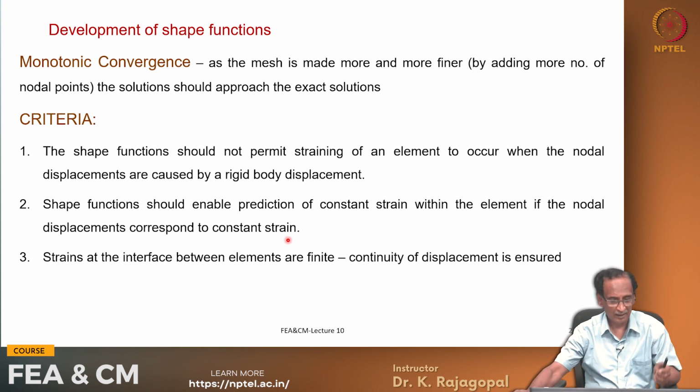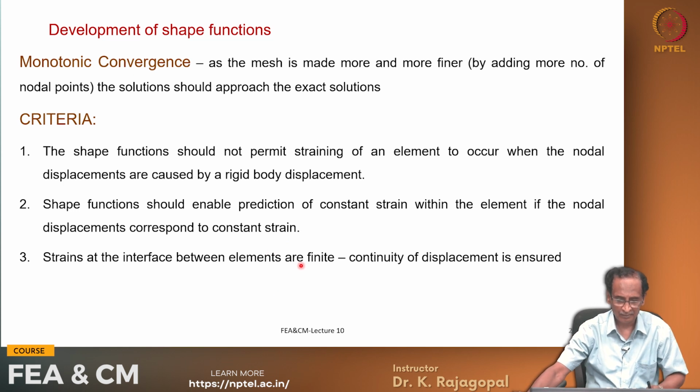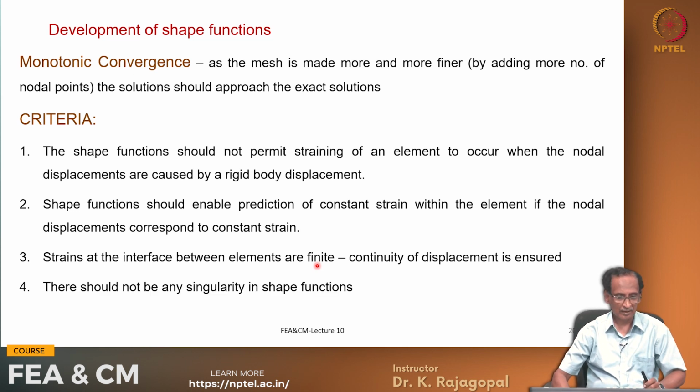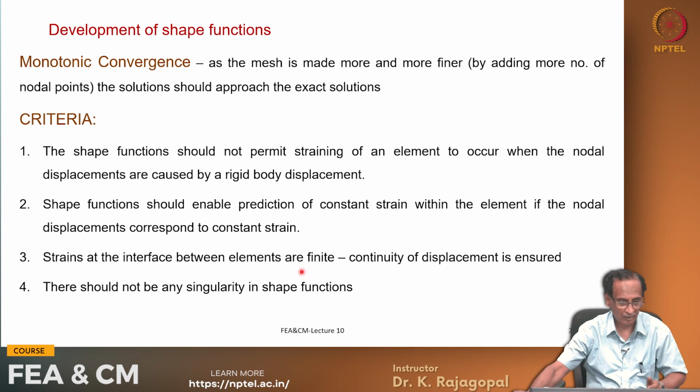The strains at the interface between the elements need to be finite, and the continuity of displacements is ensured, and there should not be any singularity in the shape functions. So, once we define the shape functions at all the points within the element, they should have some finite value, they cannot have some infinite value, and that is what we mean by the shape functions not having any singularity.